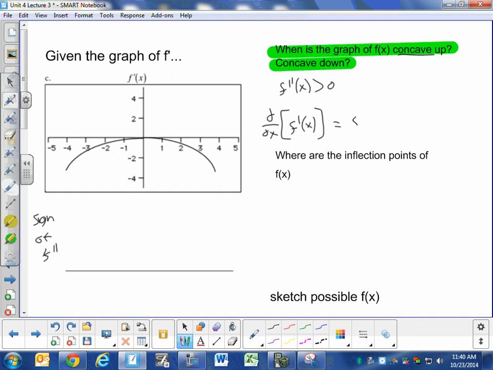Right? So the slopes of the tangents of f prime will give me the values, and it'll tell me if we have positive values or negative values of f double prime. So the signs of f double prime are actually the same as the slopes of the tangents of f prime. Not double prime, f prime.